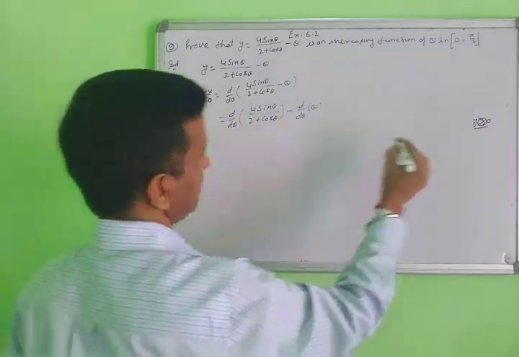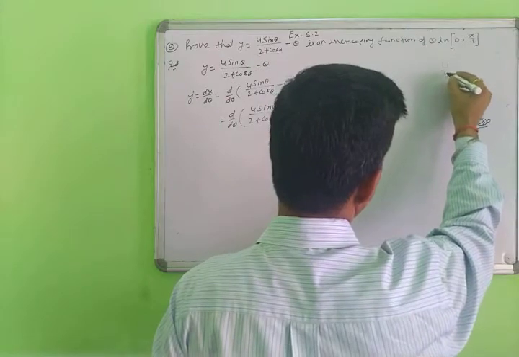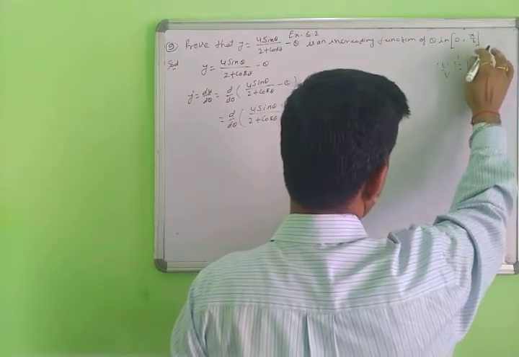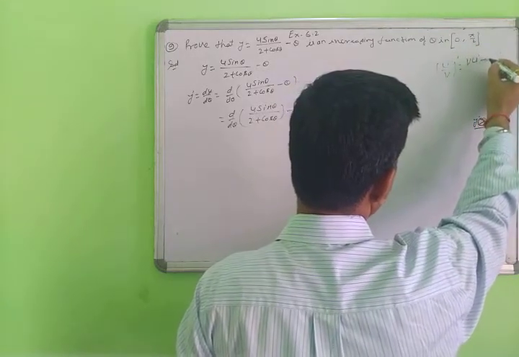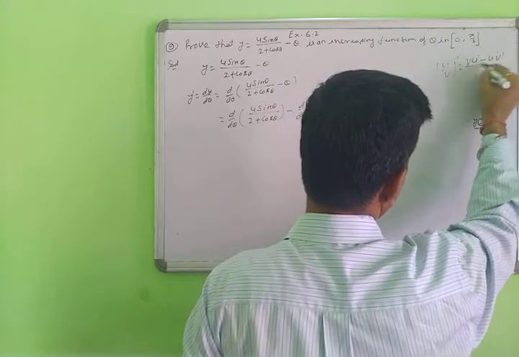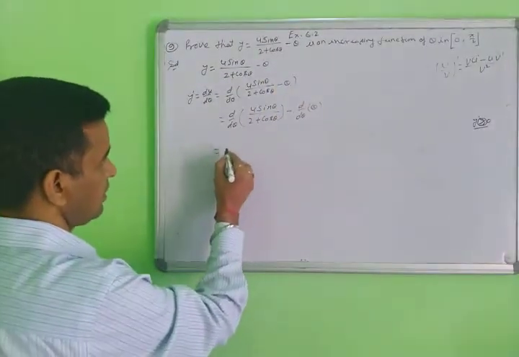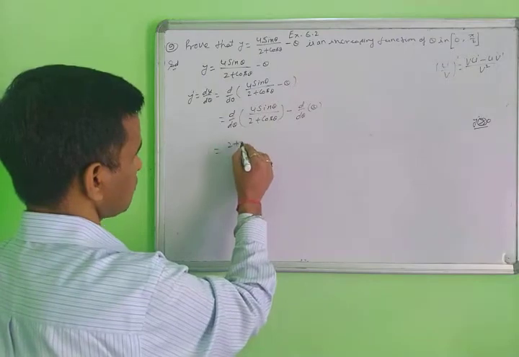Using the u upon v rule, what is the idea of u upon v? You will write the denominator times the differentiation of the numerator, minus the numerator times the differentiation of the denominator, upon the square of the denominator, according to this way.